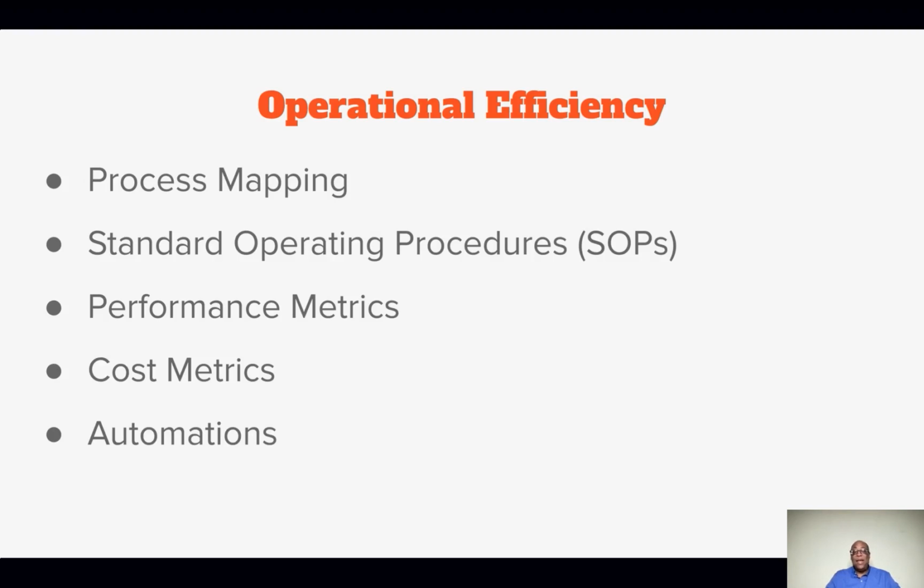You want to map out every single process that there is from the time the customer walks in to the time you ring the cash register and what you do afterwards. And so that becomes very important in understanding how the system is running.